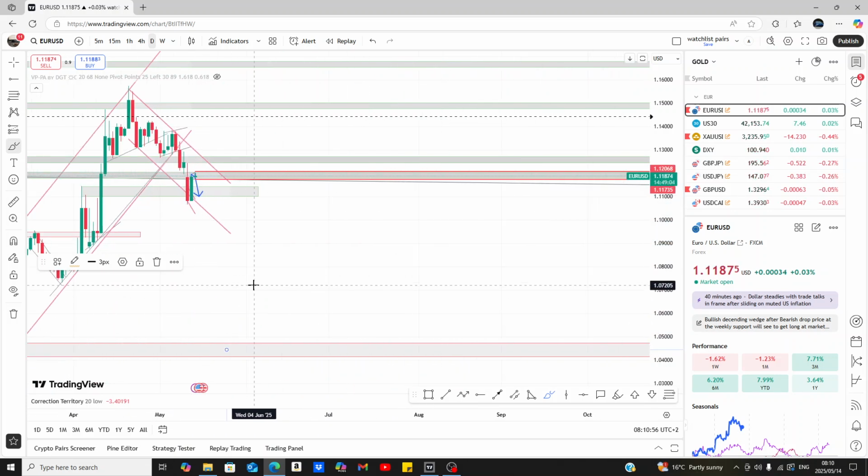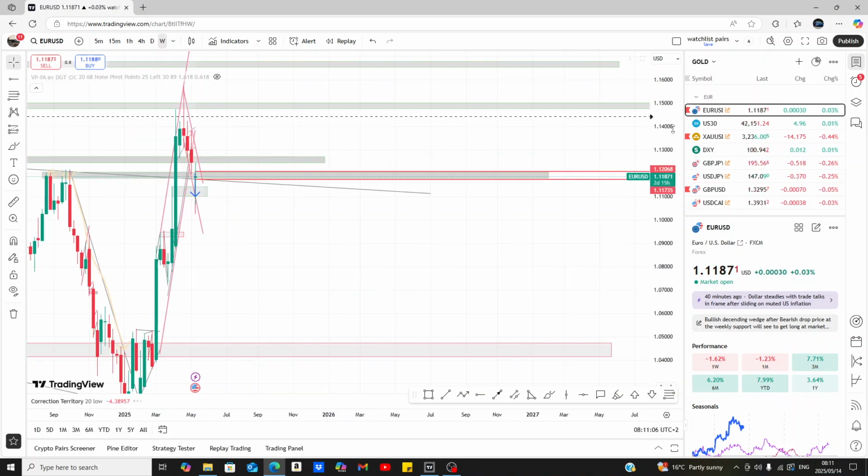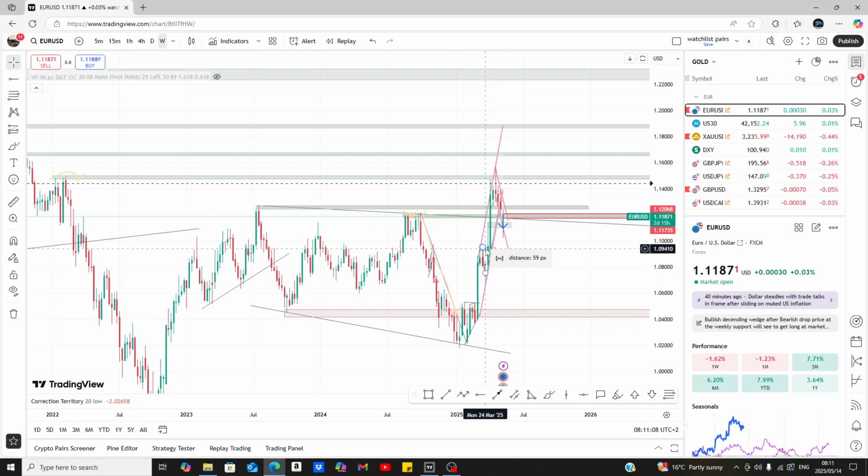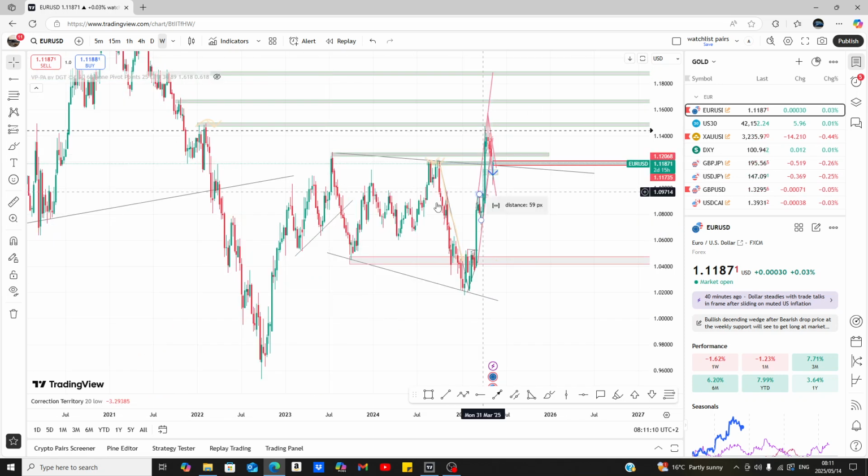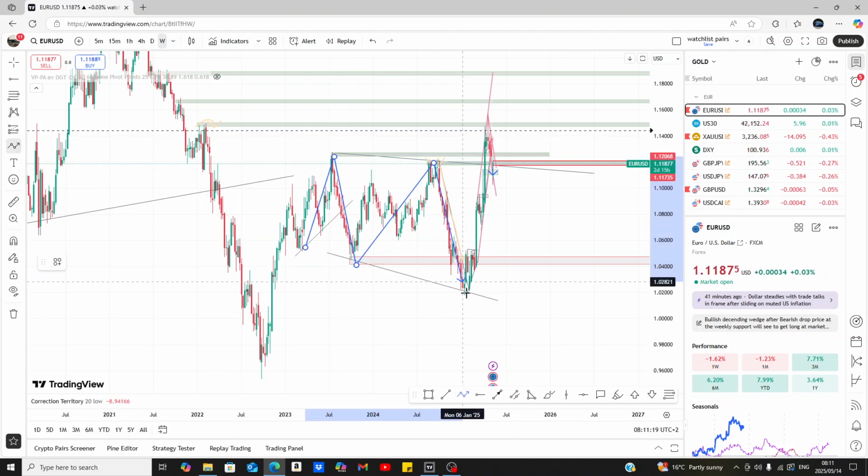So one of the theories that I work with is that I believe that when price re-enters a channel or a zone, it then continues that trend or channel or zone. And what I mean by that is, if you look at Euro USD, it was previously in this reverse wedge. I say reverse wedge, meaning that instead of getting smaller, it's getting larger, and this could be a possible fake out on the weekly chart.